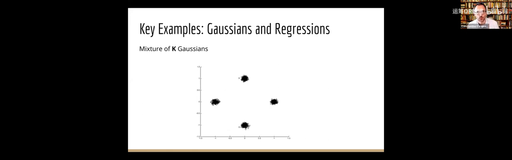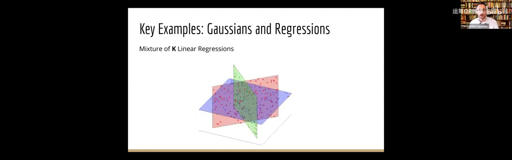So here's a little picture just to get us started of a mixture of K Gaussians, and this is one of the main problems that I'm interested in. And mixture of K linear regressions might look something like this.